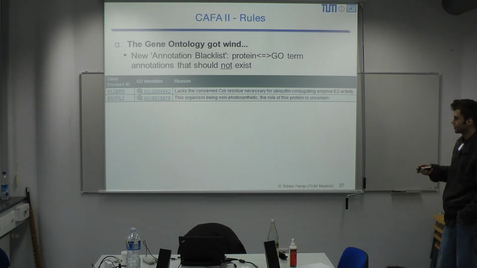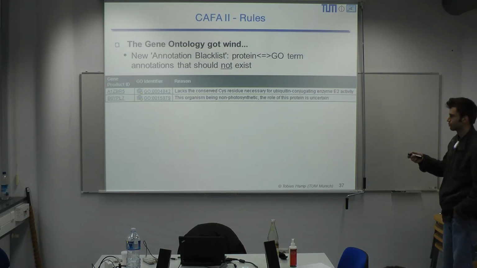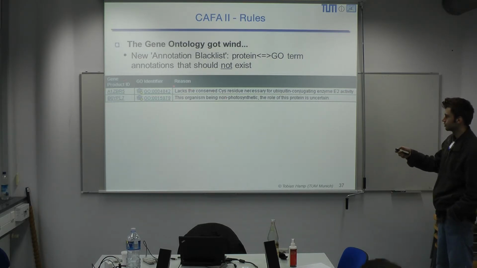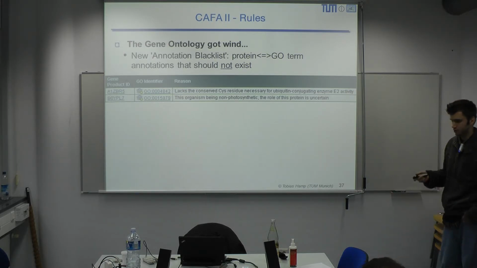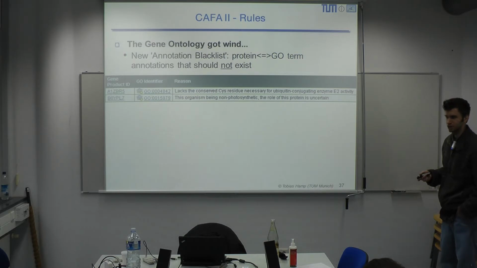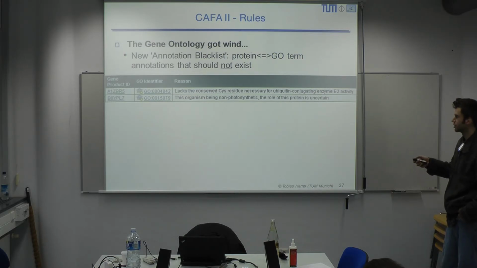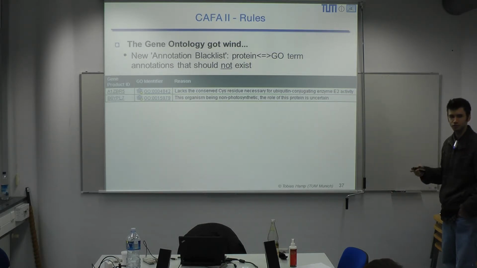They introduced the so-called annotation blacklist, which you can use for automatic predictions, and which tells you which types of predictions do absolutely not make sense. So, for example, like this one. In this case, a protein is very similar to a protein that is already annotated, but the only difference is a residue that is decisive for the enzymatic function of the template.